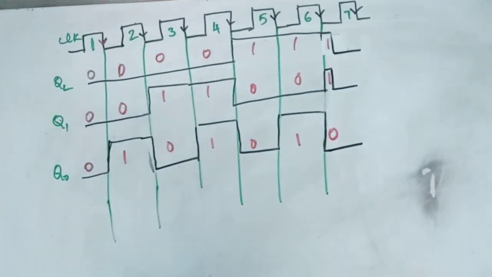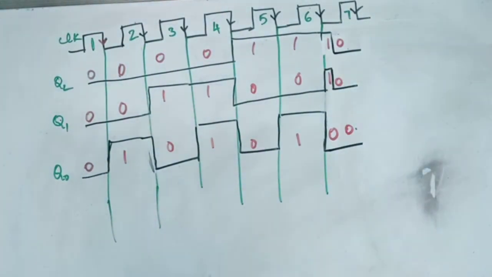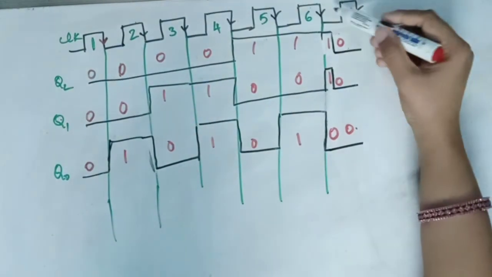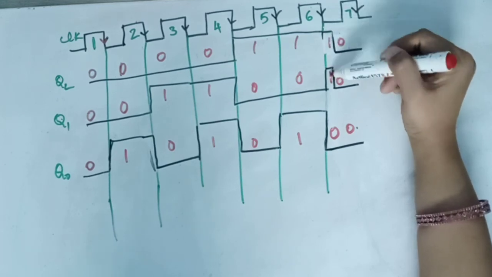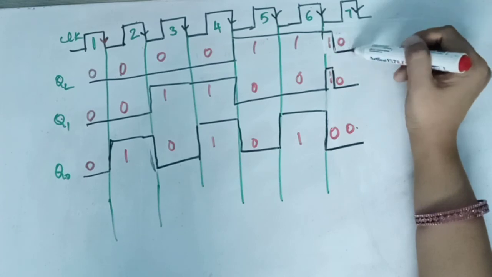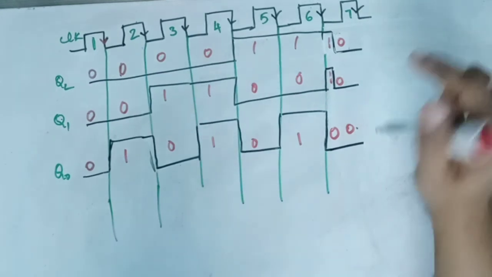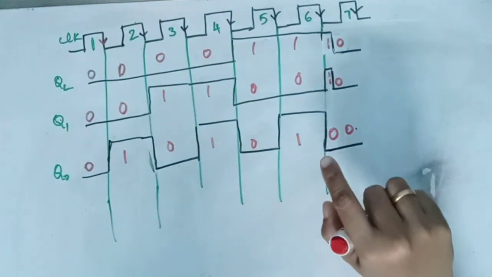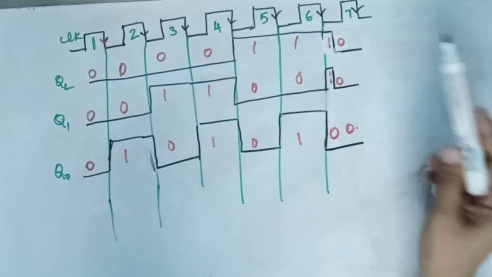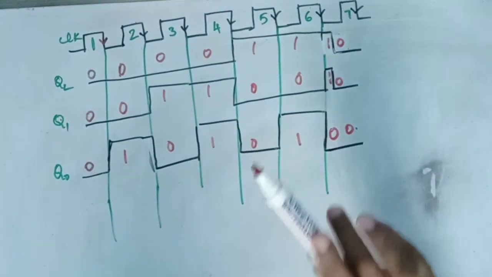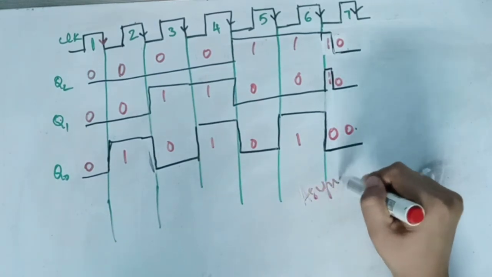So here you can see that after the 6th clock pulse it is 1 1 for a very short duration, and later on in the same clock pulse it is going to 0 because the clear is an asynchronous input. When a clear is applied, it is not waiting for the next clock pulse to get cleared. It will happen whenever the clear gets a 0. So this is asynchronous mode 6.